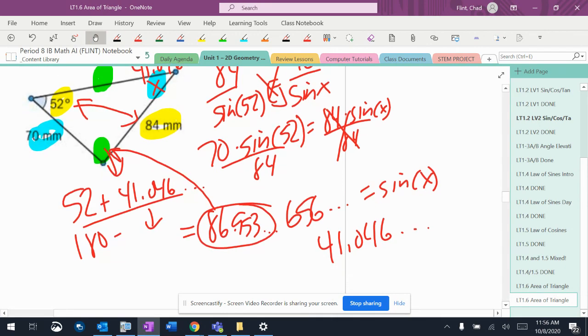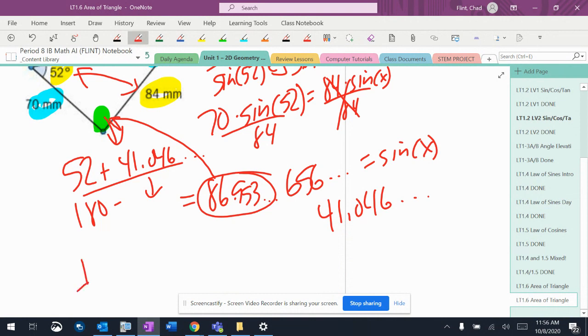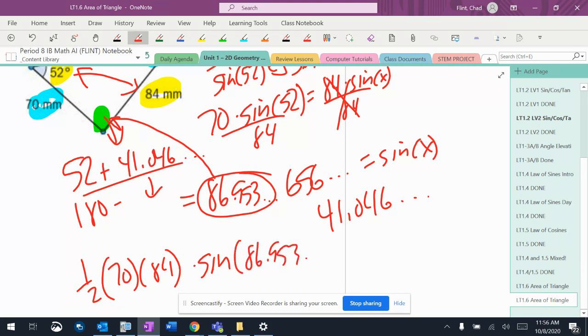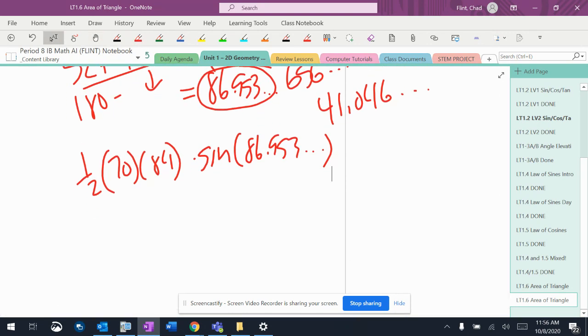So after that work, now I can do 1/2 times the two sides times the sine. Times the sine of 86.953, yada, yada, yada. You could round there to 86.95. It's not going to hurt anything. I'm just going to leave it all and put it in the calculator.